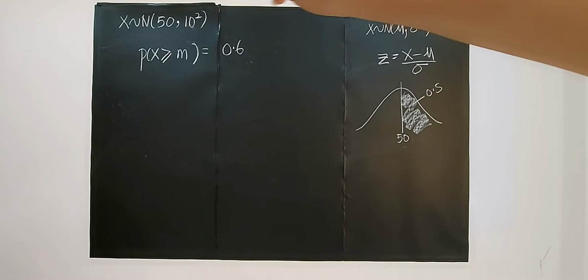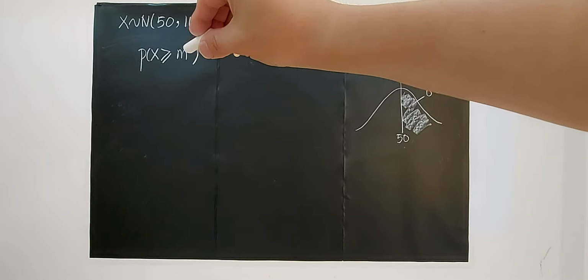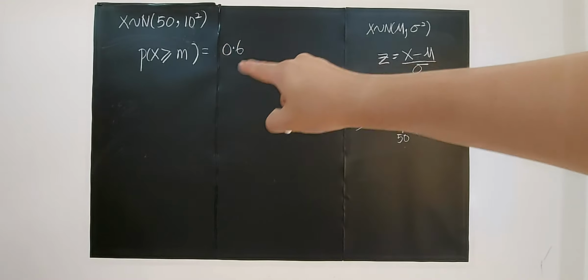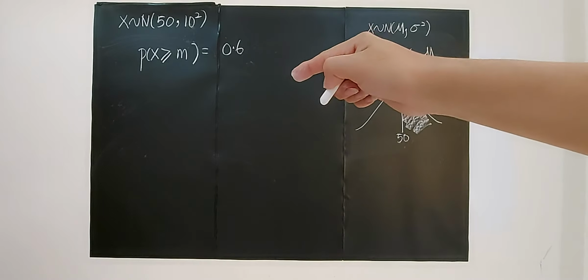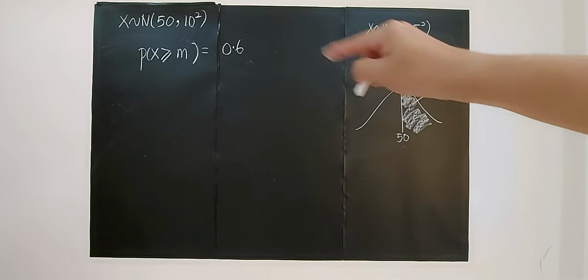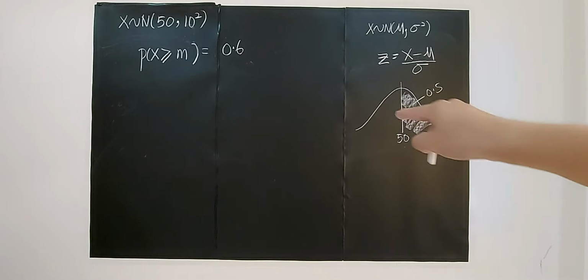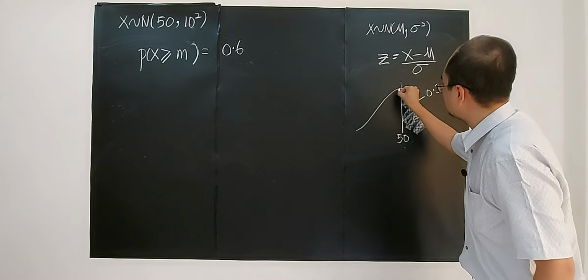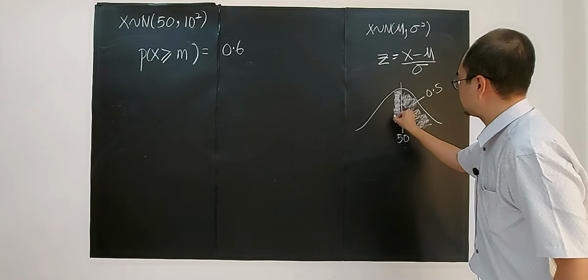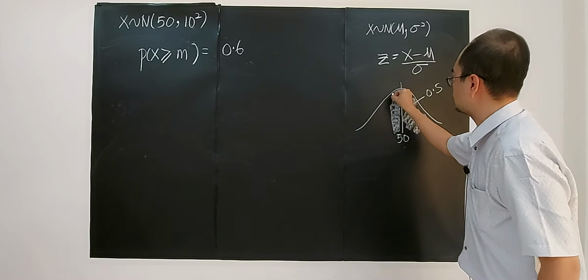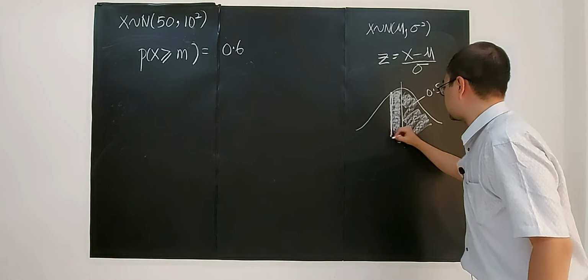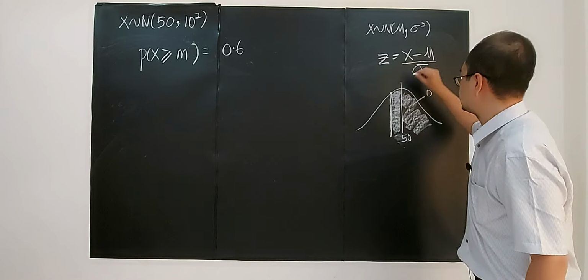0.5. But the passing mark is even lower than 50. The passing mark is lower than 50 because why? You see 0.6, right? If you understand mathematics, you're able to read the meaning here. 0.6 here means this is 0.5, and it slightly goes to the left again, to make it become 60%, right?